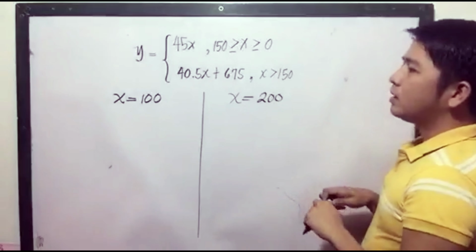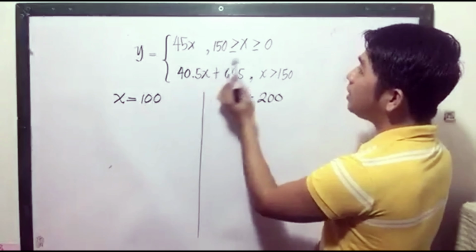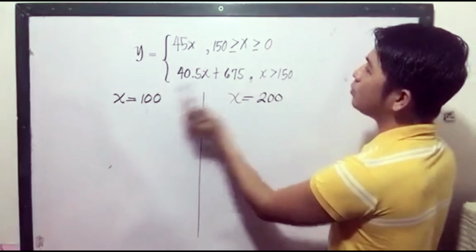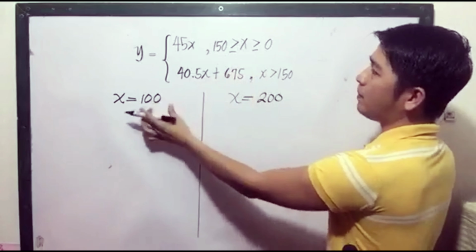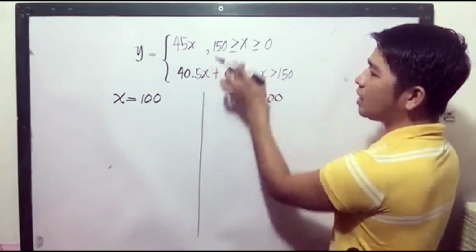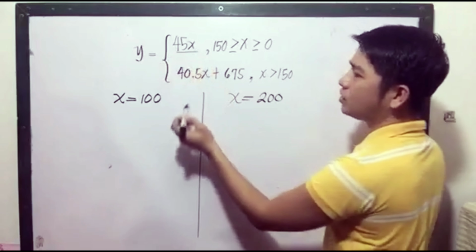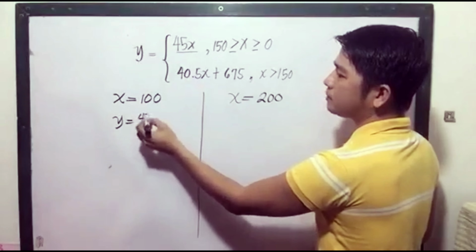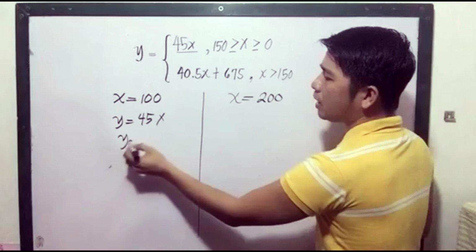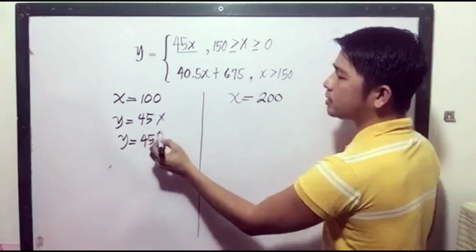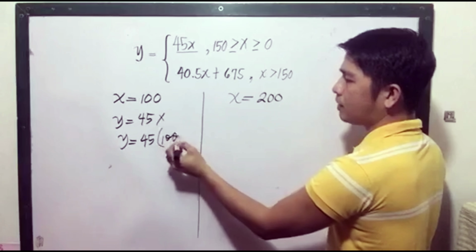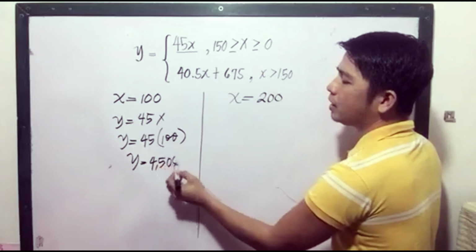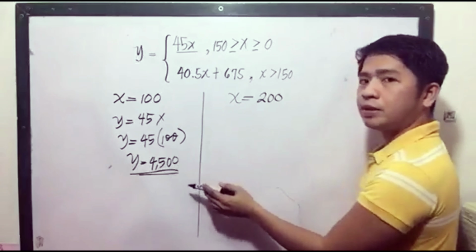Since x belongs to this domain, x is between 0 and 150, meaning we will use this first function. We have y is equal to 45x. Then substitute the value of x, which is 100. Then we multiply. That is 4,500. This is our answer earlier in number 3.